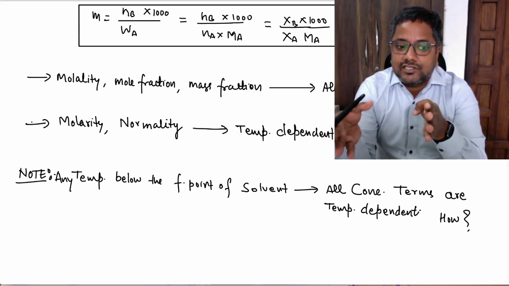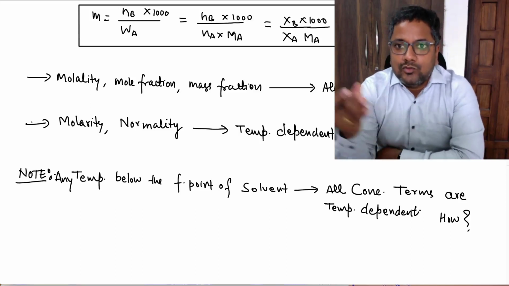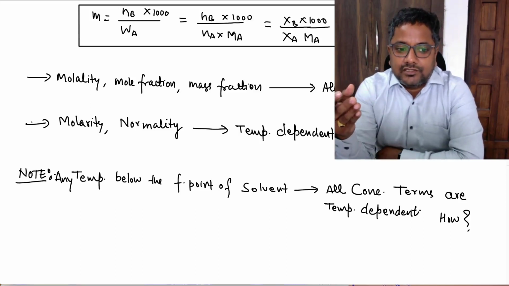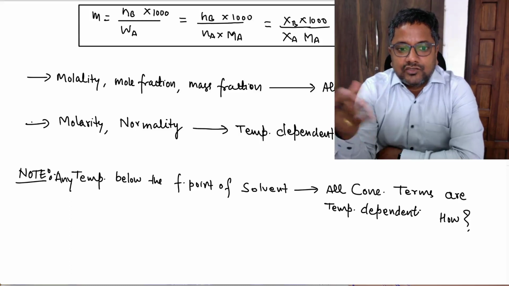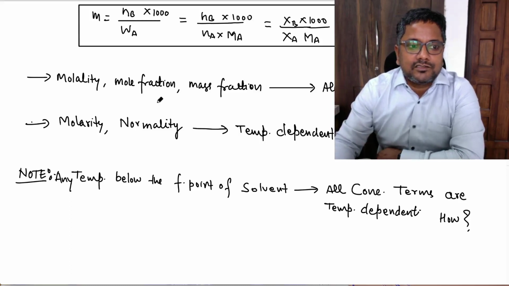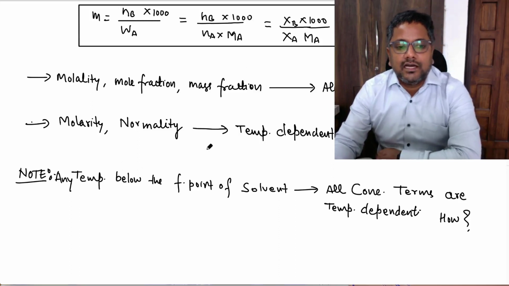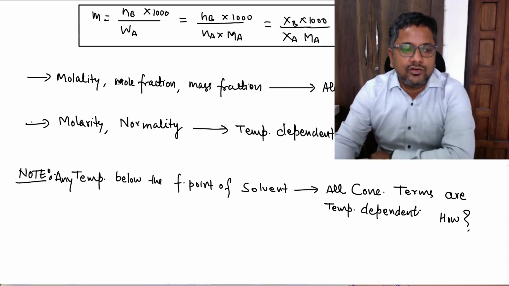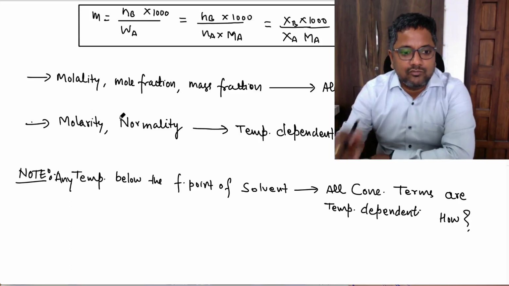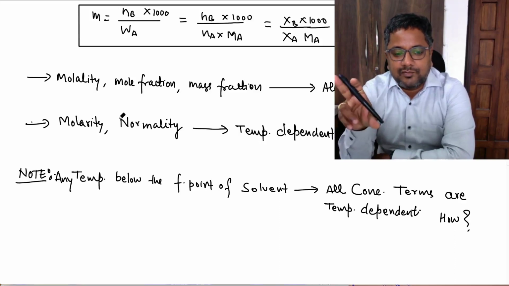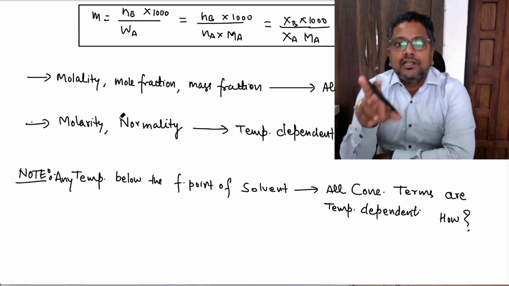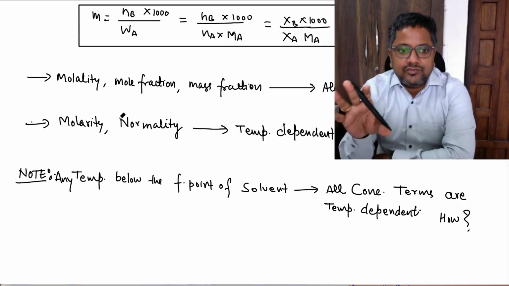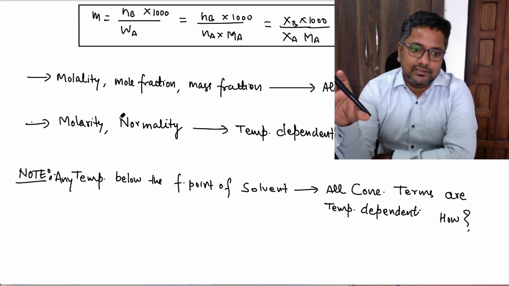So in that situation, you have to remove that quantity from the solvent and from the mixture. So all these terms, whether they have volume relation or not, also depend on temperature. So remember this point, molality is also temperature dependent below 0 degrees Celsius for aqueous solution, and below the freezing point of any solvent.